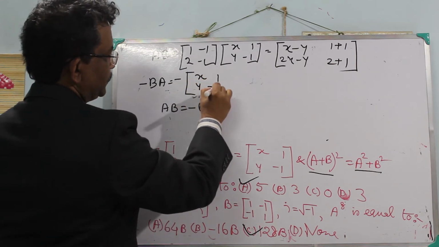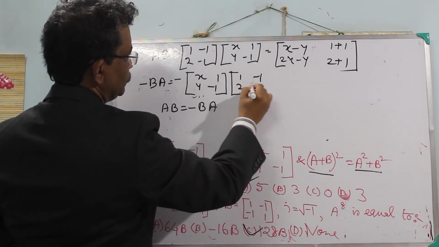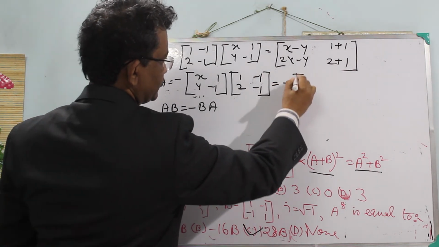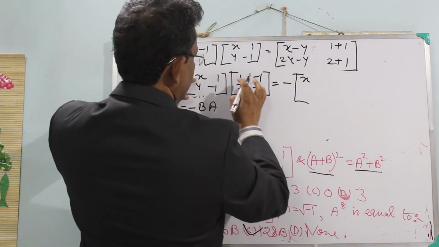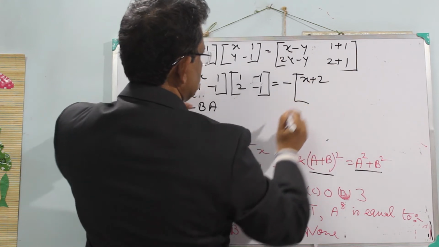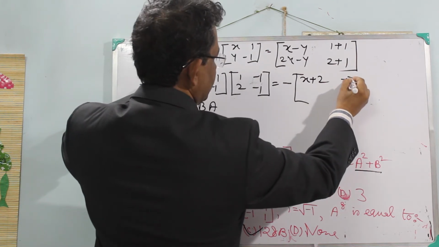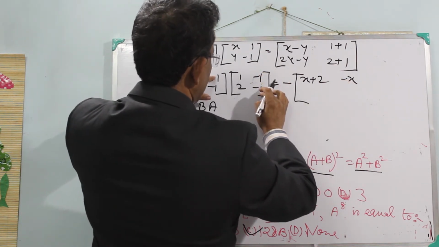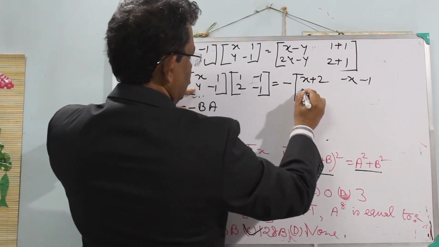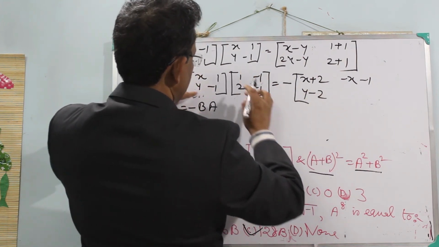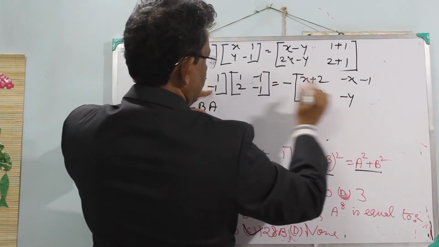Comparing the elements: x into 1, y minus 1 into 1, minus 1, 2 minus 1, minus x into 1, x into 1, 1 into 2 plus 2, x into 1, 1 into 2, x into minus 1, minus x minus 1, minus x minus 1, and now y minus 2, y minus 2, minus y plus 1.